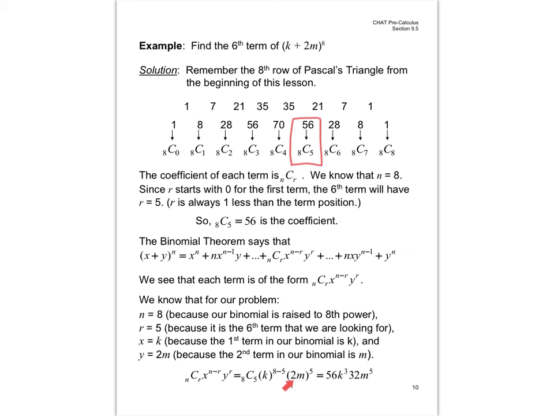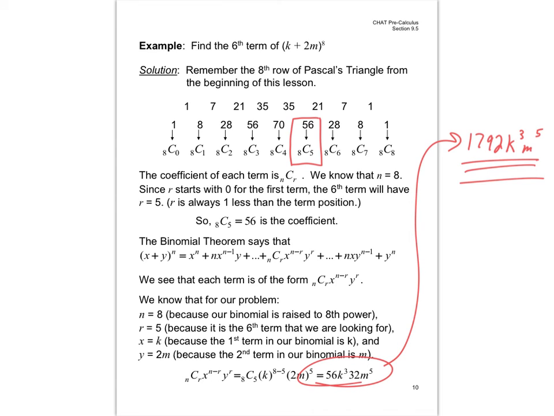Well, 2 to the 5th is 32, and here's the m to the 5th, so it's 32m to the 5th. When I multiply the 56 by the 32, I'm going to get 1,792, and then I need my k cubed and my m to the 5th. And this would be the 6th term of that expansion.